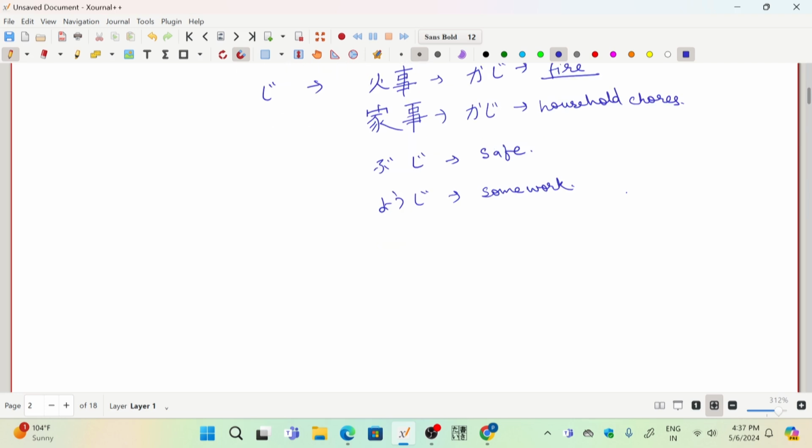Next kanji is the kanji of koe. This is the kanji of koe, which means voice. So human voice is koe.